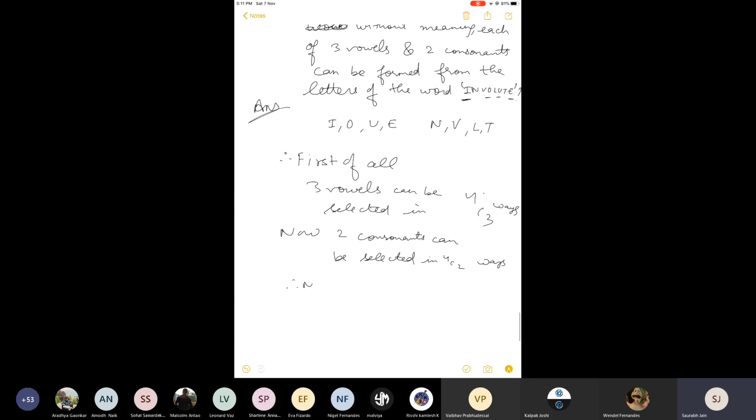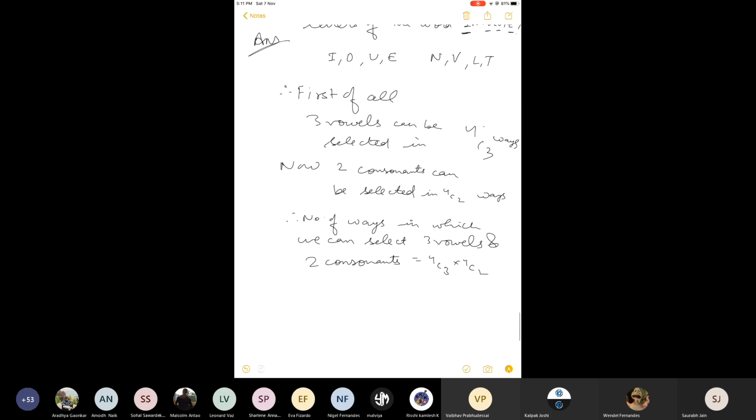Therefore, the number of ways in which we can select three vowels and two consonants will be their product, right? 4C3 into 4C2. Therefore, now I want the last step.